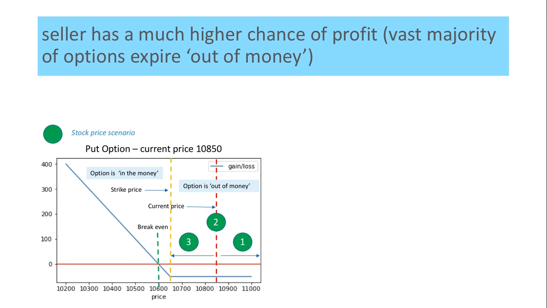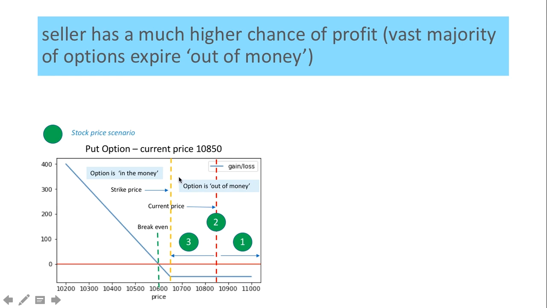And if it is a put option, and again I'm a seller, if the spot price is at 10,850 and I've sold a put option at a strike price of 10,650, again, this entire scenario represents a range where the option will be out of the money. Because if the spot price remains above the strike price, this option will expire out of the money, which will benefit the seller.